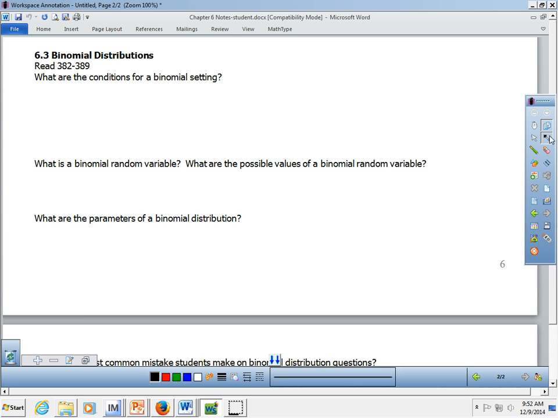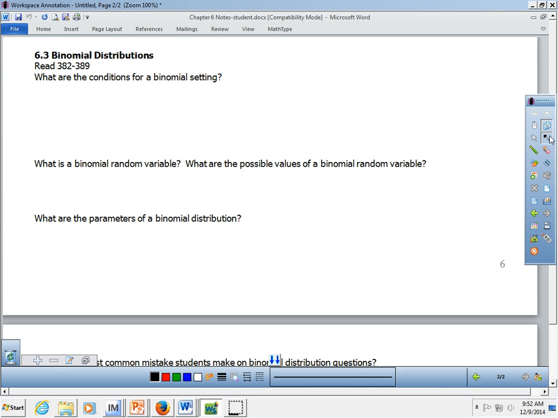For example, if you flip a coin 5 times, and you define a random variable as the number of heads you get, that's a binomial setting. If you consider randomly selecting 100 babies and define a random variable as the number of females in those 100 babies, that is a binomial setting.